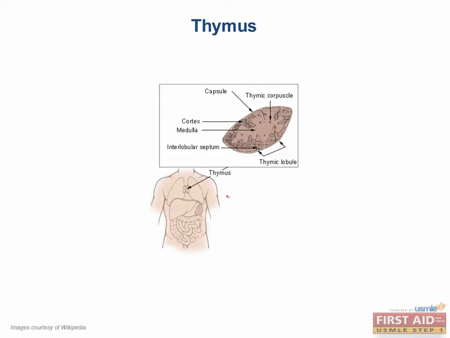So what's the purpose? It's a site of T cell maturation. And T cells start out in the cortex, and they make their way into the middle, into the medulla. You can think of the medulla as where the T cells mature, okay? Both start with M. So that's what you need to know, and we'll talk about that in a little bit.